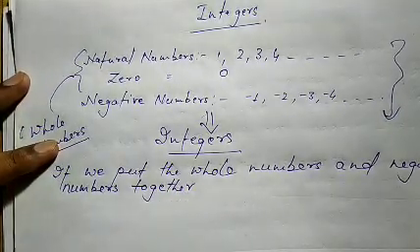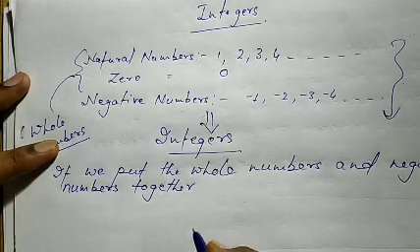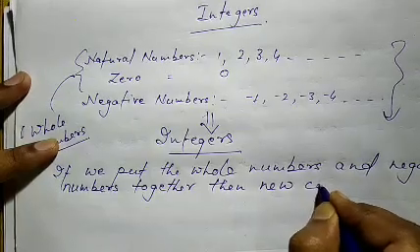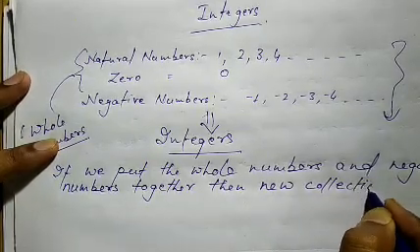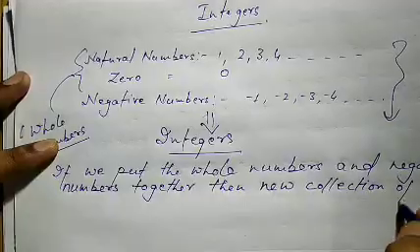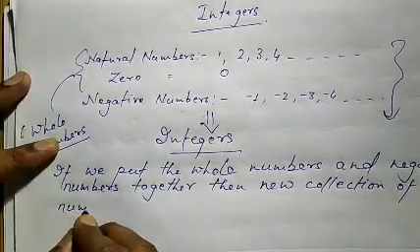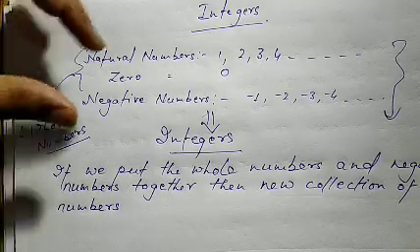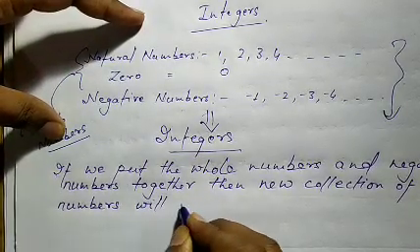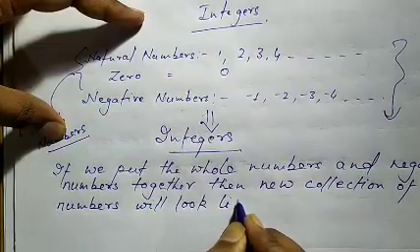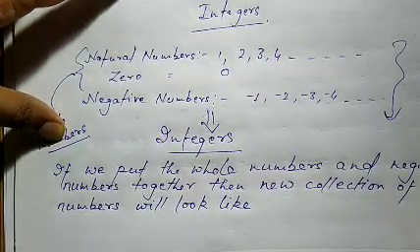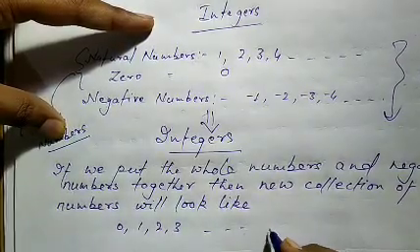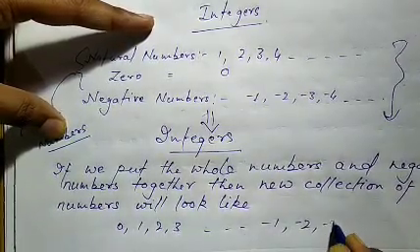Then the new collection of numbers will look like how? 0, 1, 2, 3, dot dot dot, -1, -2, -3, like this.